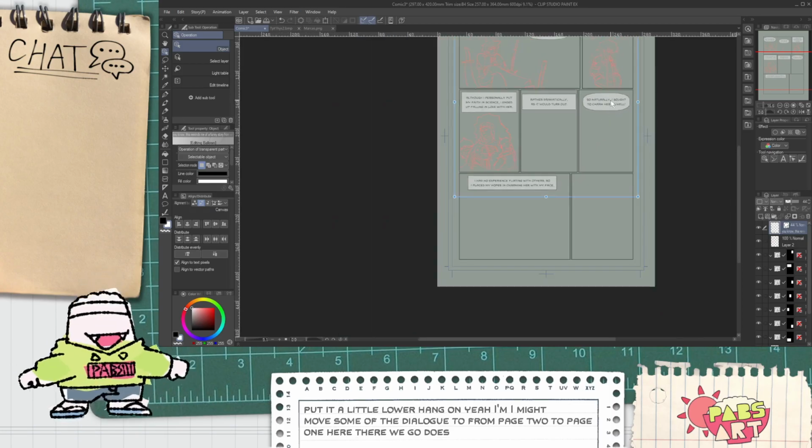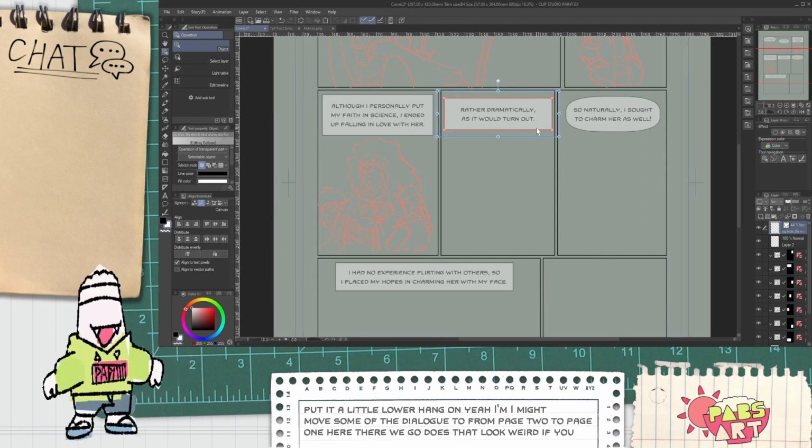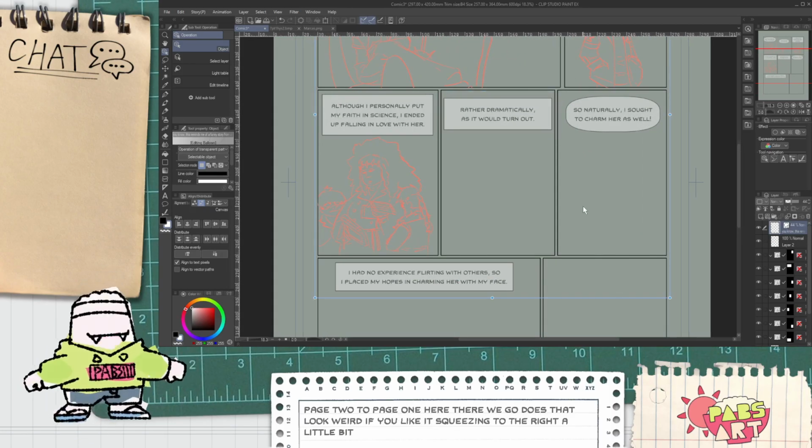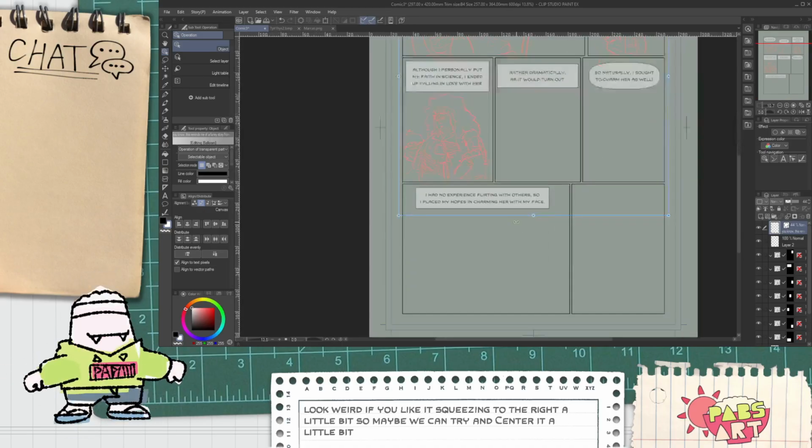There we go. Does that look weird? I feel like it's squeezing to the right a little bit, so maybe we can try and center it a little bit more.